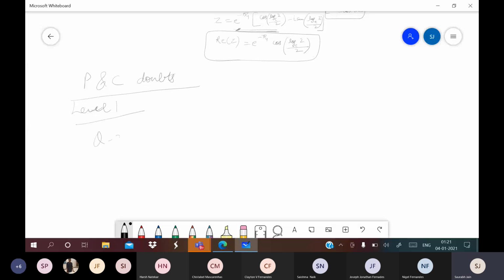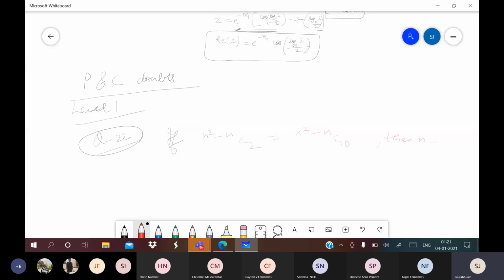Who will tell me how to solve question number 22 from PNC question bank level 1? How to solve question number 22? This is the question. N square minus n C2 equals n square minus n C10.